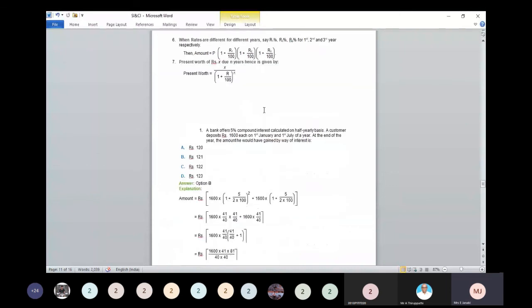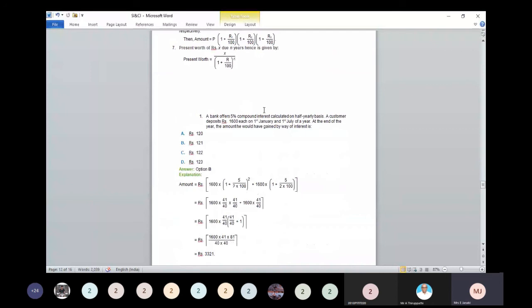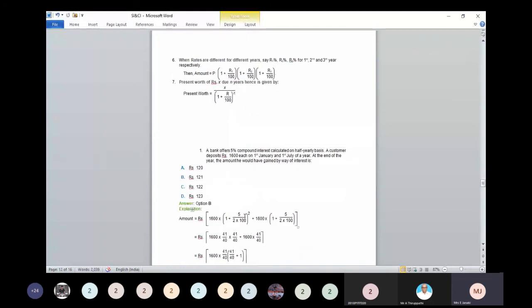Initially he invested rupees 1,600, take this as P. So P into 1 plus, half yearly means R by 2, and here R is 5, so 5 by 2 into 100, whole power 2.